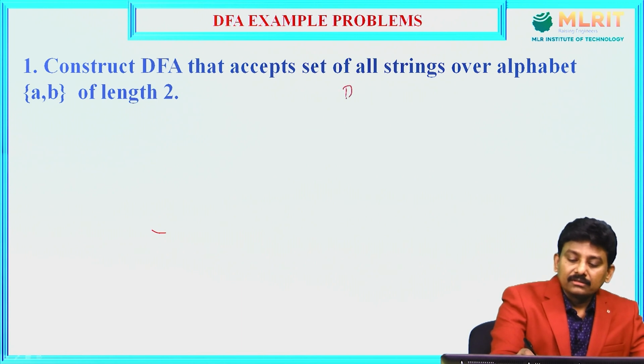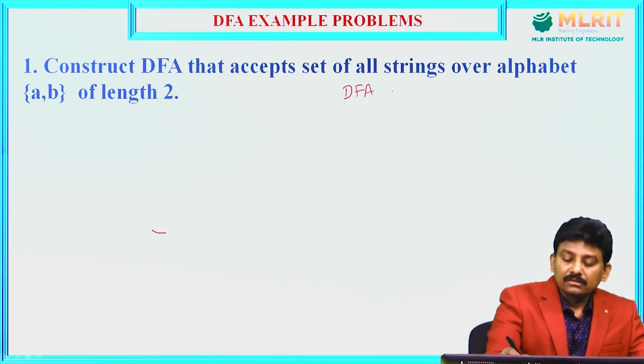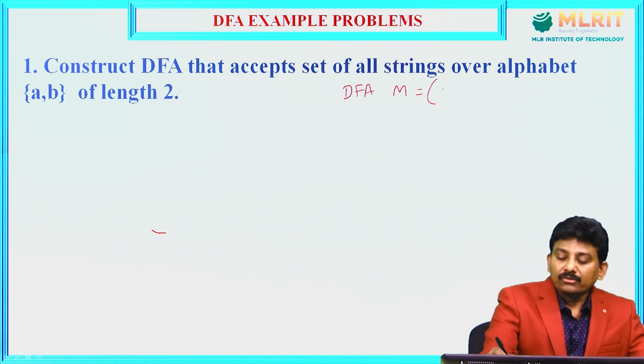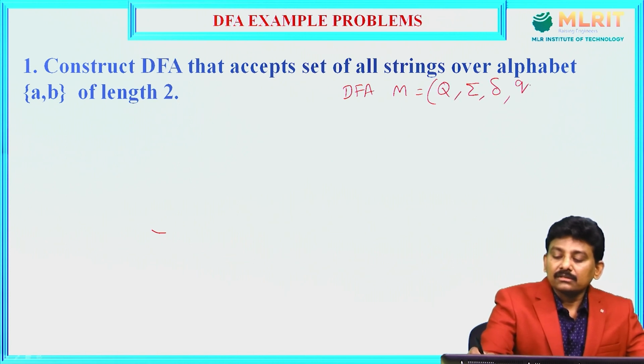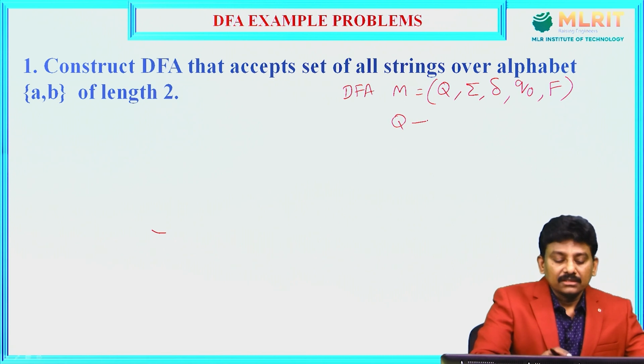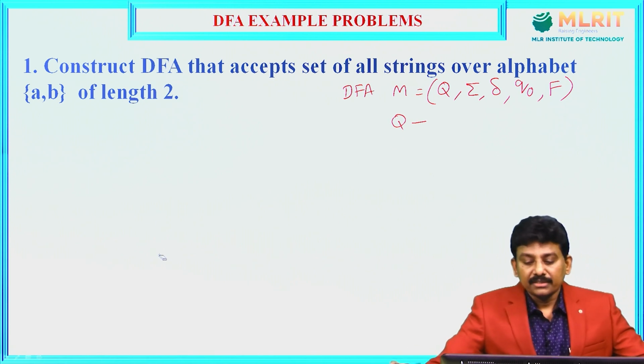A DFA has a 5-tuple: Q, sigma, delta, Q naught and F. Q is the set of states, sigma is the input alphabet.